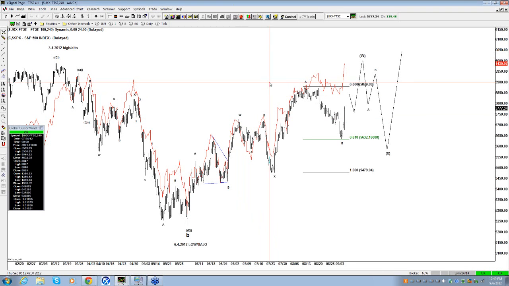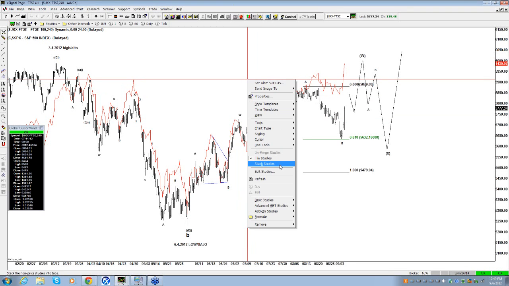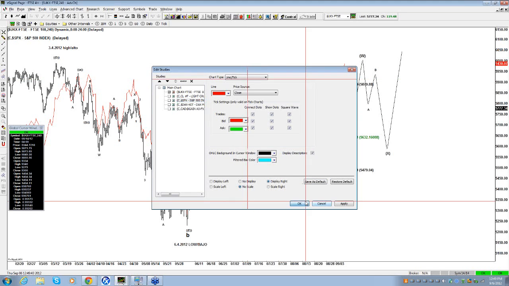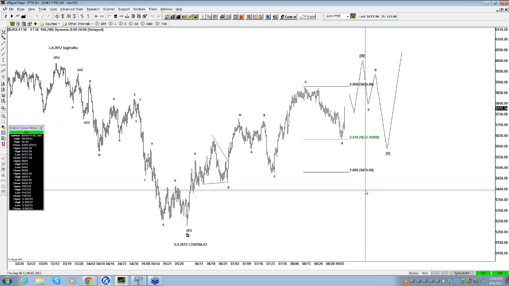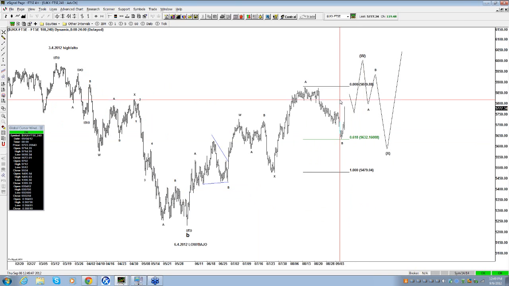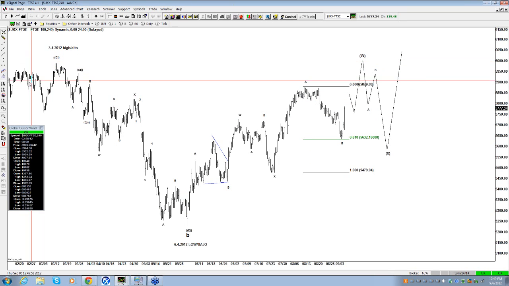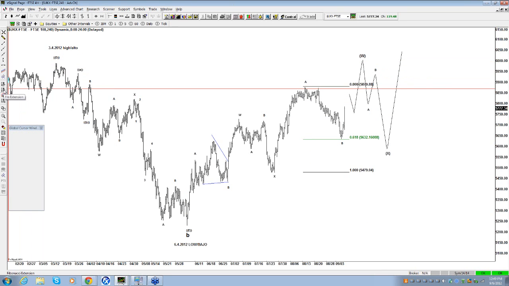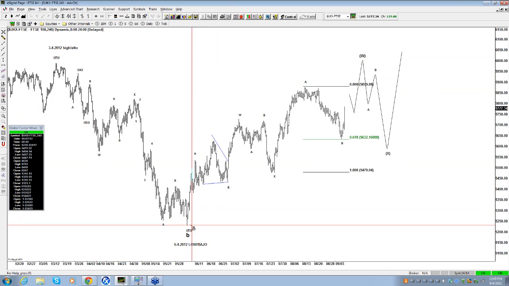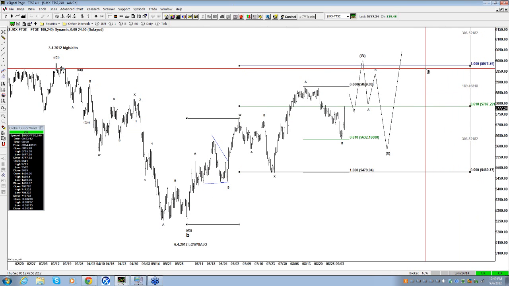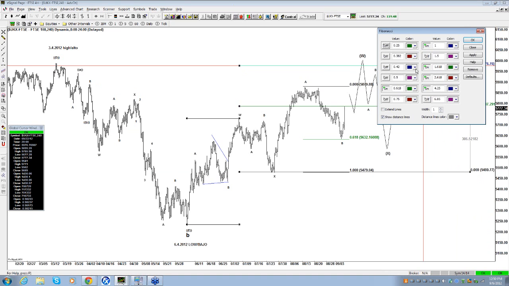Remember? This pair always goes deeper in the correction than the rest of the world. So with that in mind, it's a buy, looking at a high about 6,000. I told you guys over the weekend to buy it, and the target should be, in my opinion, the 1.236 here.